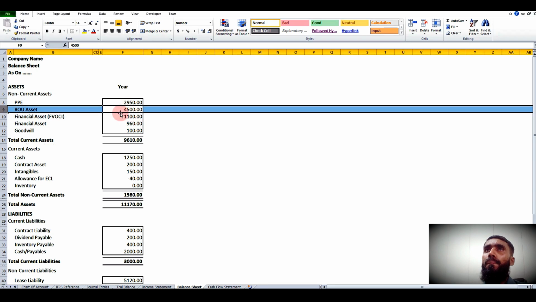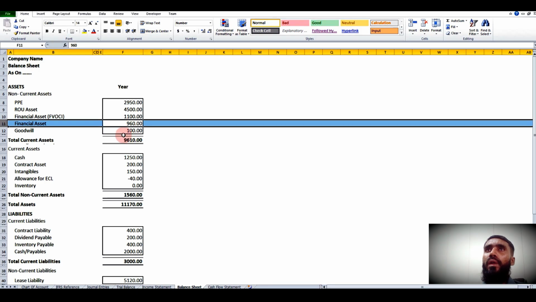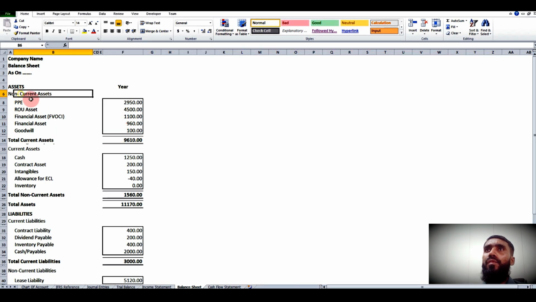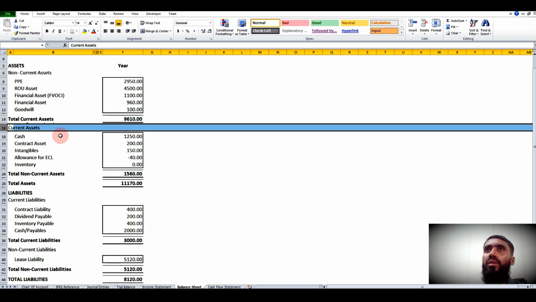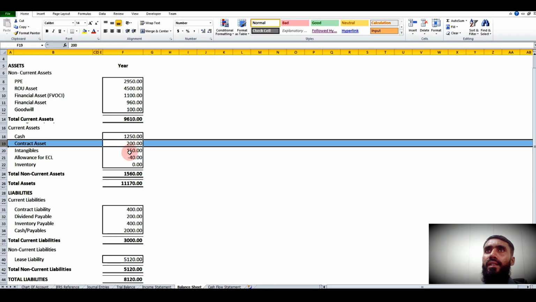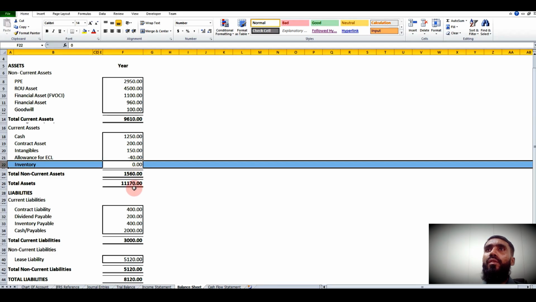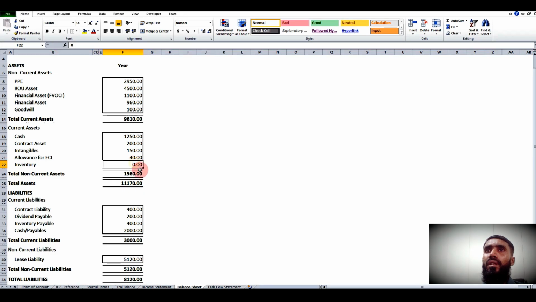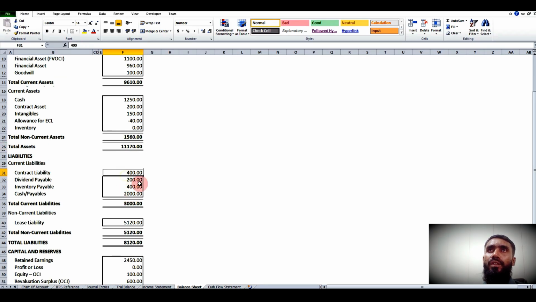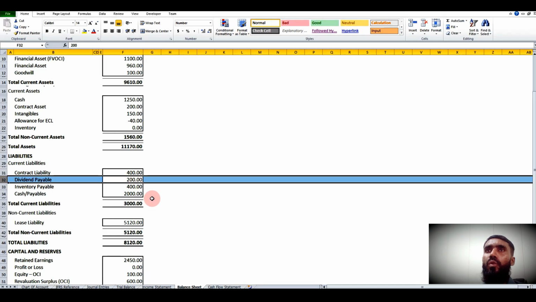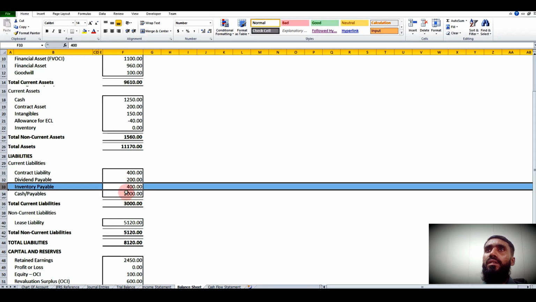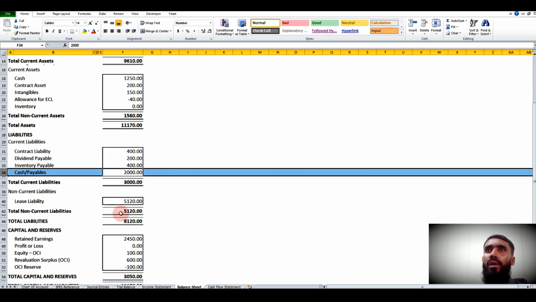Assets: property, plant and equipment, ROU, financial assets, goodwill, non-current asset items, current asset items, cash, contract assets, intangibles, allowance for ECL, inventory. I didn't have any inventory, so I mentioned zero here. Total assets. Here is the contract liability, dividend payable, inventory payable, cash payables.